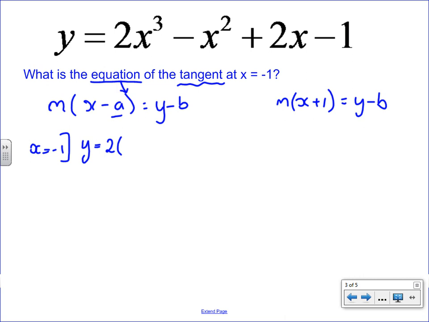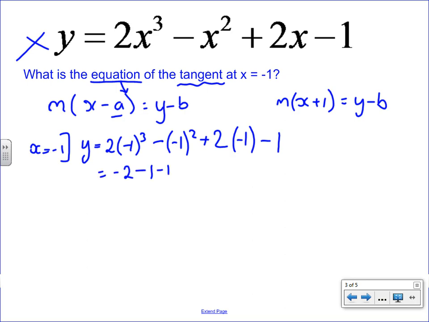So we need that function here, and it's going to tell us what the y coordinate is. It's minus 2, minus 1, minus 2, minus 1. Minus 6.